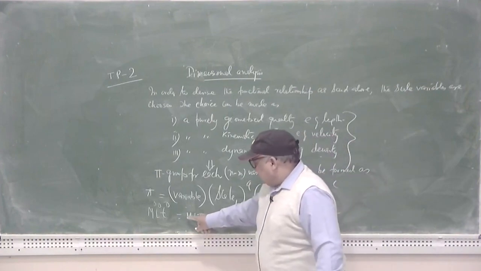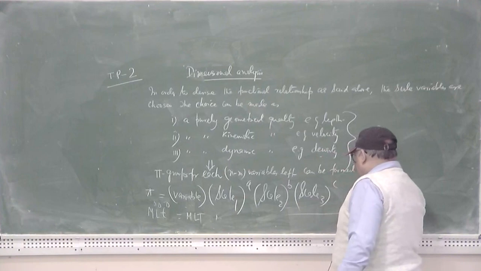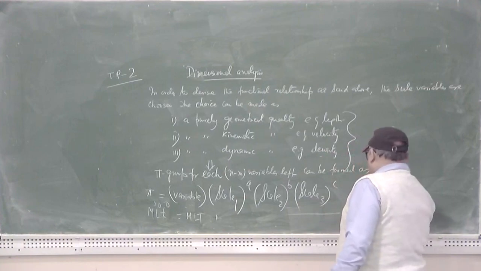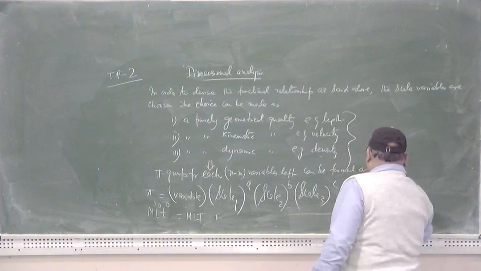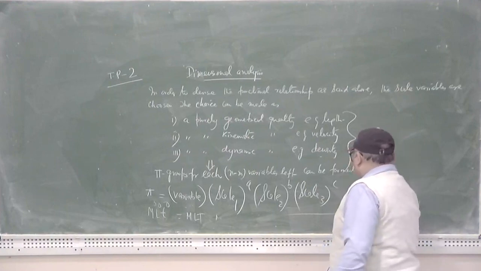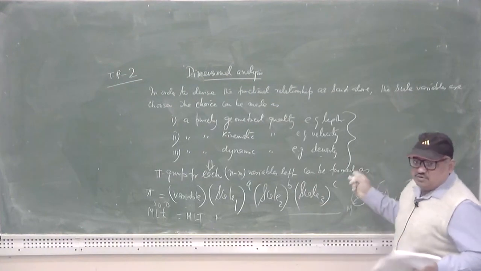Now, when you solve this, you will obtain an equation of this type: M raised to the power summation a, L raised to the power summation b, T raised to the power summation c, equating summation a equal to 0, summation b equal to 0, summation c equal to 0.